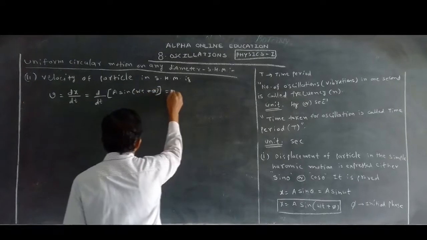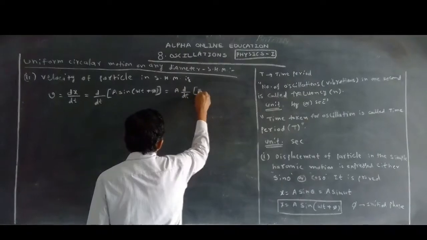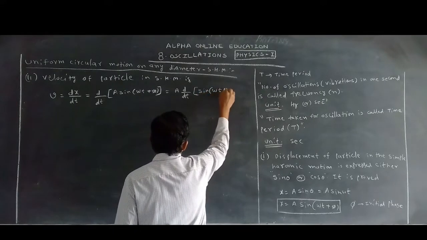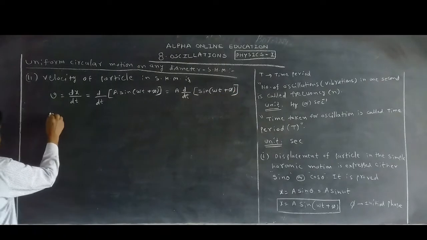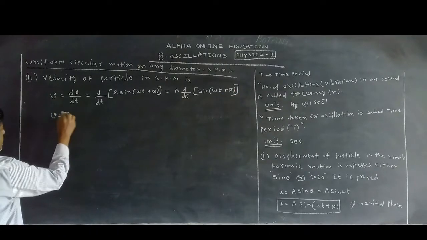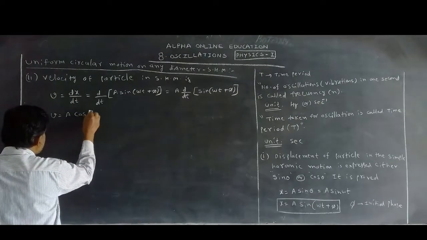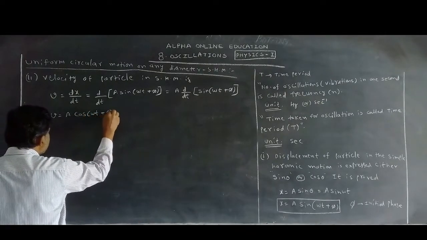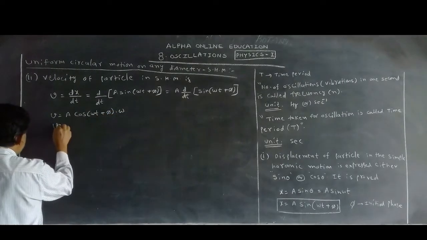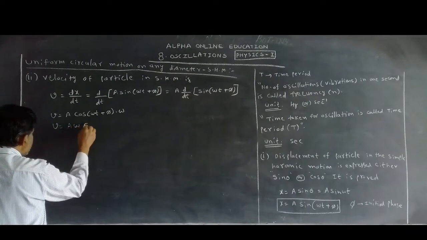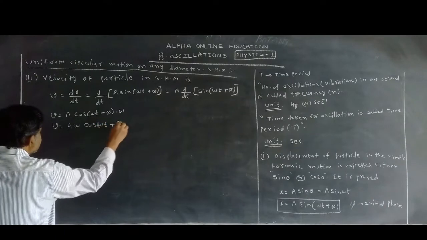Now let us take a common. Now v is equal to a times the differentiation of sin omega t plus phi, which is cos of omega t plus phi, into omega. So v is equal to a omega cos of omega t plus phi.